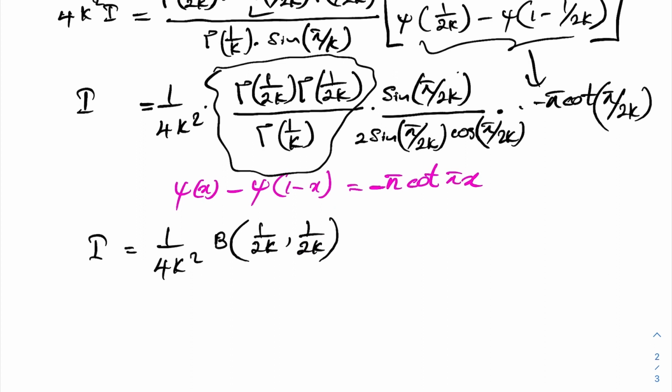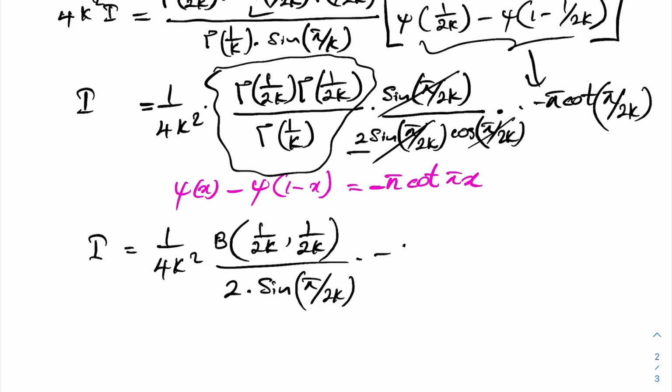Then here sine of pi over 2k, sine of pi over 2k get cancelled. So here we have 2, and cotangent, we know cotangent is cosine over sine, so the cosine function also gets cancelled. So we have sine of pi over 2 times k.